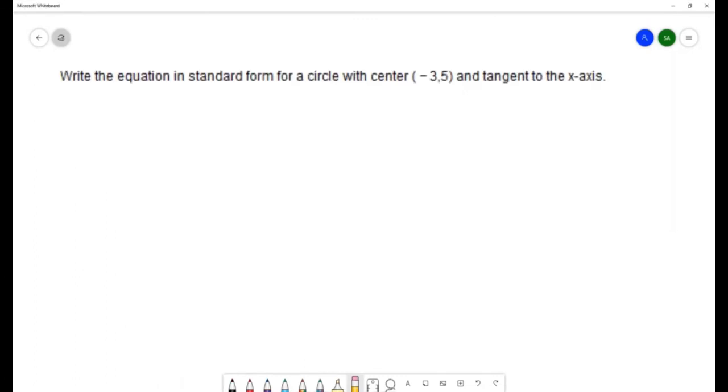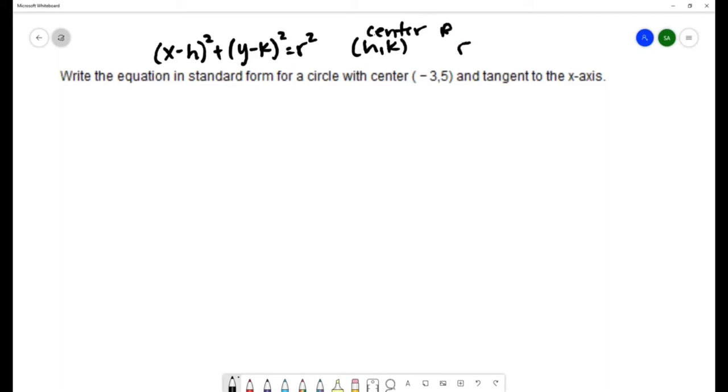Write the equation in standard form for a circle with center -3, 5, and tangent to the x-axis. So we're trying to write the equation of a circle. Let me write down the standard form of a circle first: (x minus h) squared plus (y minus k) squared equals r squared, where (h, k) is the center of the circle and r is the radius.